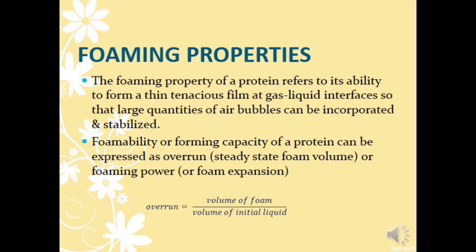Now, foamability or foaming capacity of a protein can be calculated as overrun. Overrun means steady state foam volume, or foaming power, or foam expansion, and the formula is volume of the foam divided by the volume of the initial liquid used.